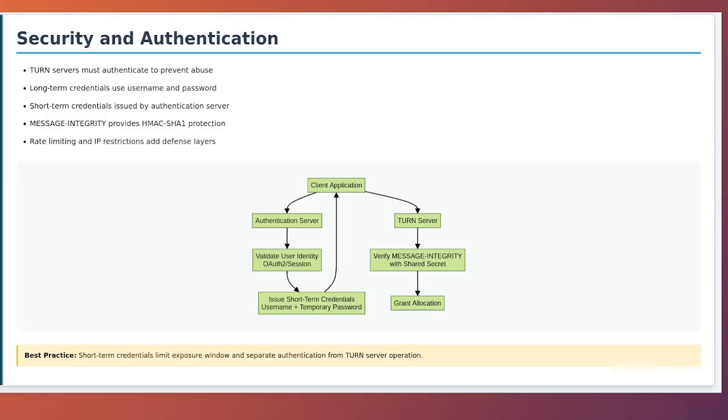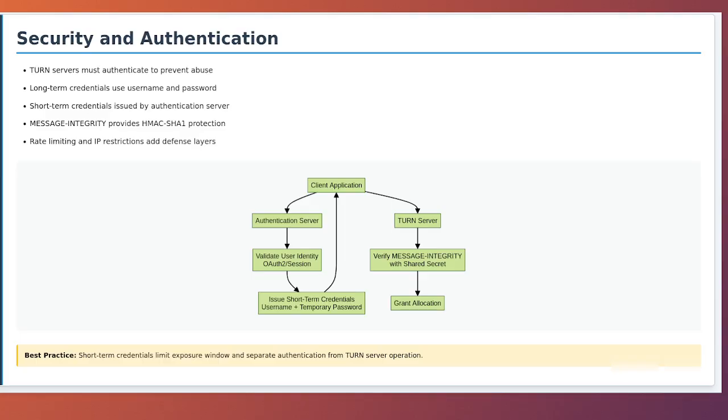Rate limiting can be based on the source IP address, allowing a certain number of requests per second from each unique IP address. TURN servers absolutely must implement authentication because they relay traffic and consume significant resources. The TURN protocol specifies two authentication mechanisms: short-term credentials and long-term credentials.